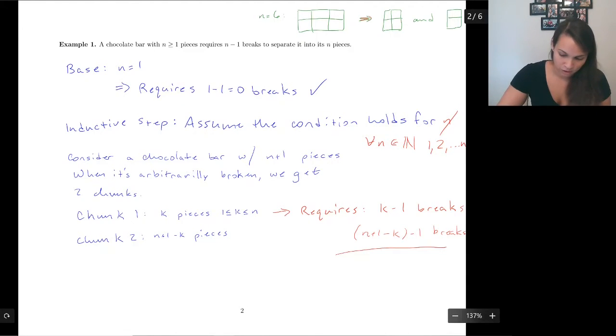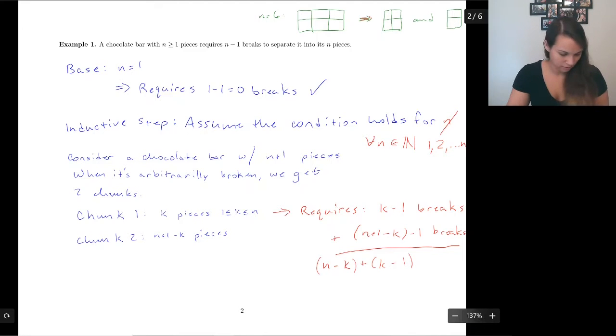Okay, so in total, if we add up all these breaks, that simplifies to just n minus k down here, and then plus k minus 1.